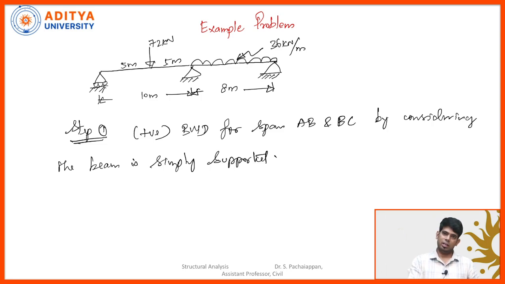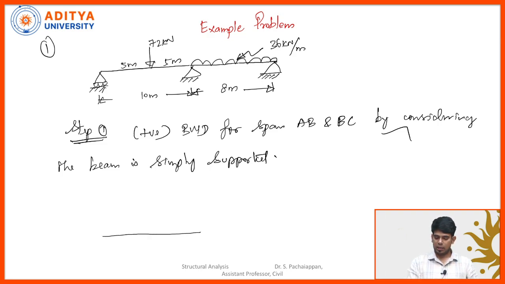Even though in this problem it is already simply supported, sometimes we will have a fixed support also. In that case also, we consider it as a simply supported beam. You can write these steps in the examination for better understanding. So let's consider it as simply supported, and then I am going to draw the bending moment diagram.